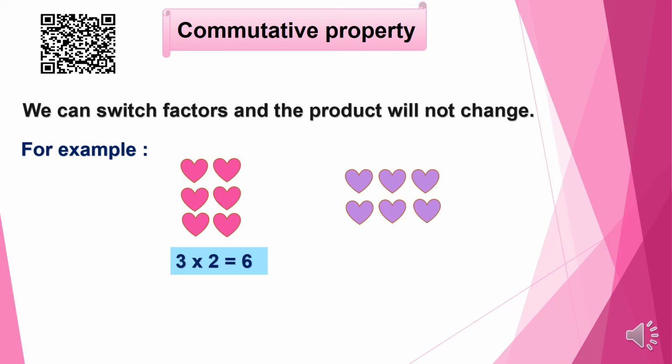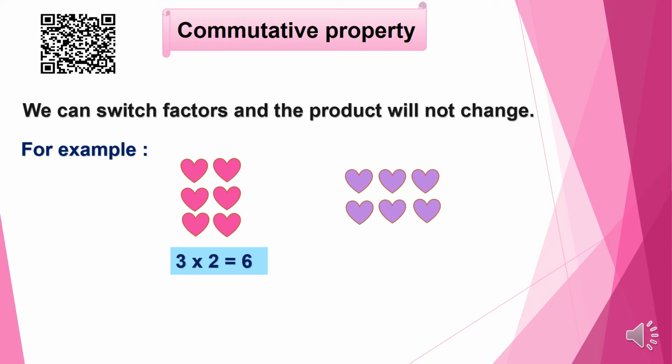And remember with me, when we give any array a name, we can say 3 by 2. But here in multiplication, to find the total, I can say 3 times 2. Okay? 3 times 2 equals 6.